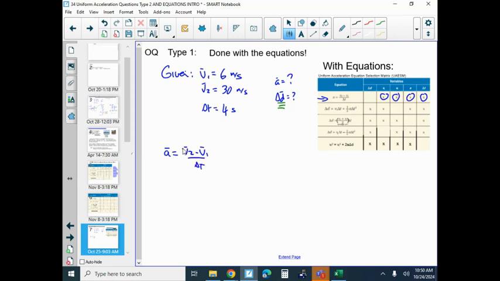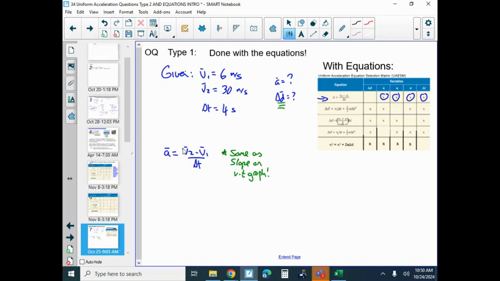And obviously this is the same as using the slope method. Nothing different so far. And it's, of course, the same as the acceleration equation that we already know, right?